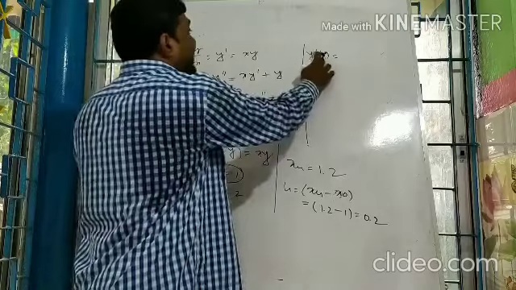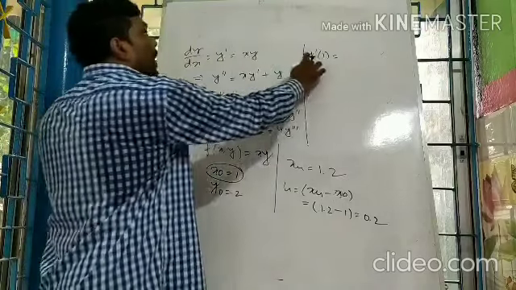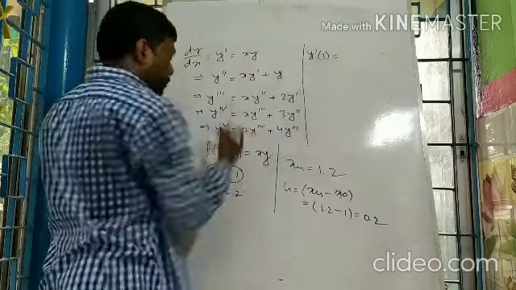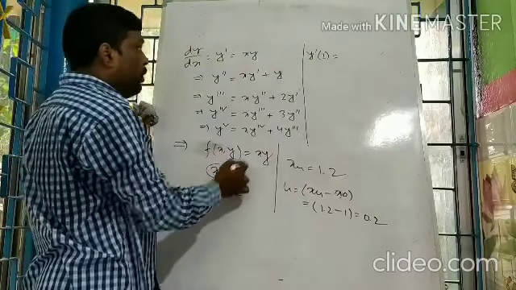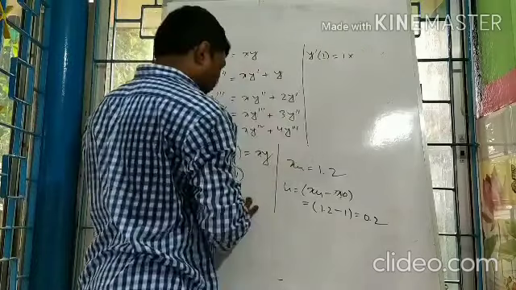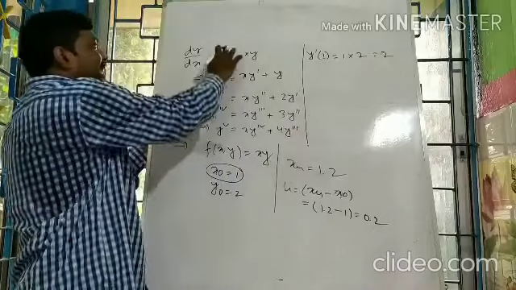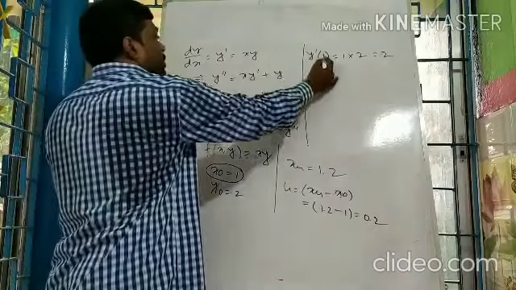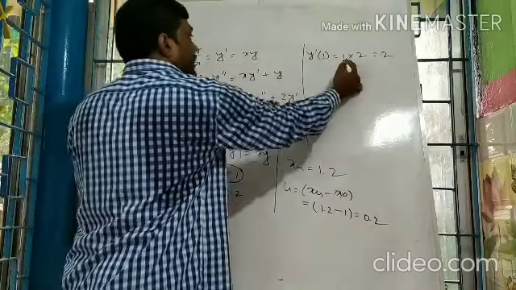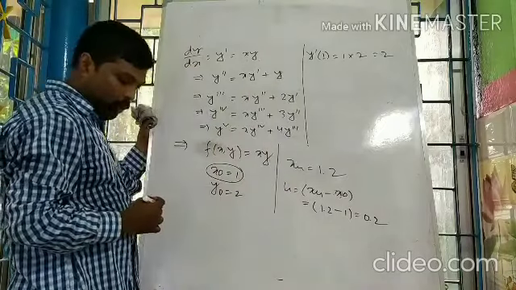So y dash is x into y. So y dash at x0 is x0 into y0. x0 is 1 and y0 is 2. So y dash 1 is 2.